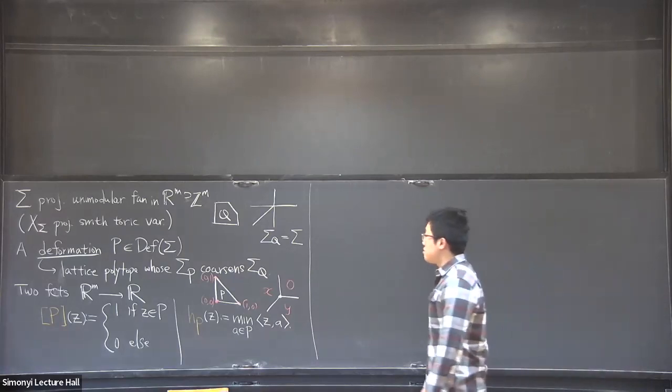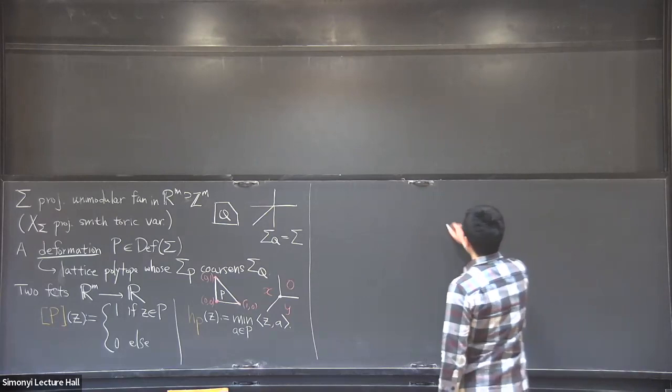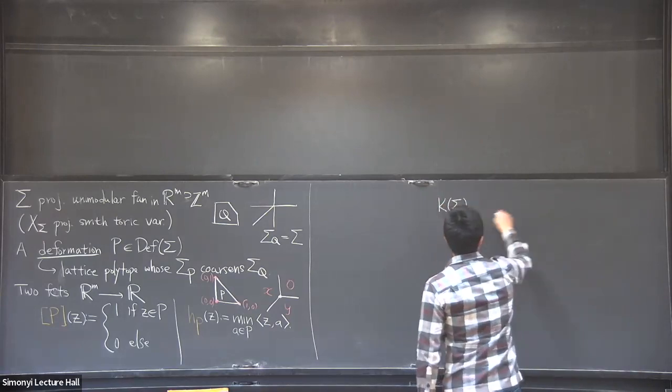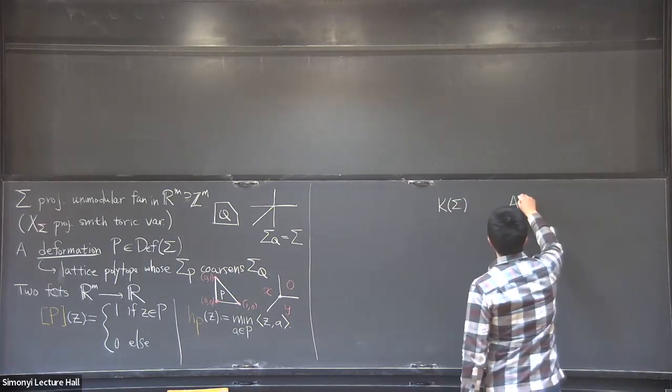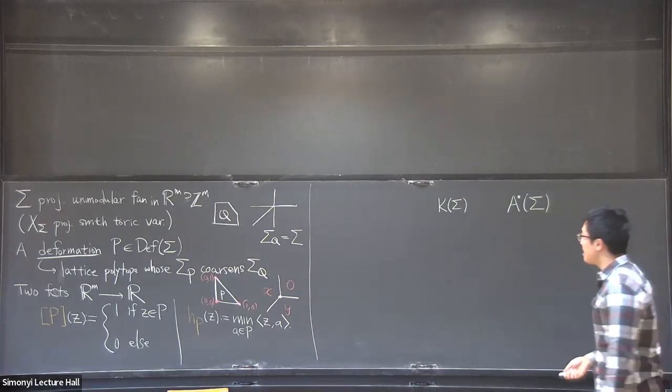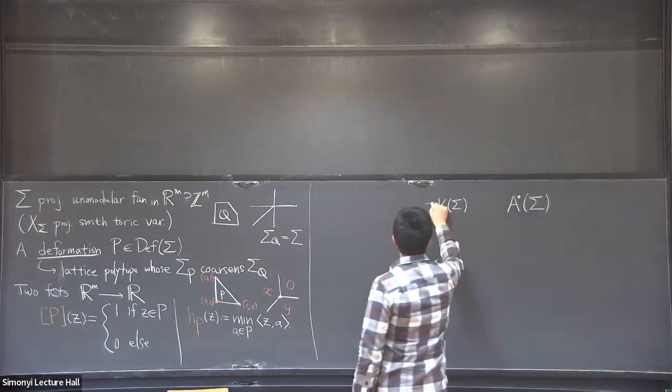Okay, so given these two functions, we can build two rings, suggestively named K of sigma and A of sigma. So what's K of sigma?